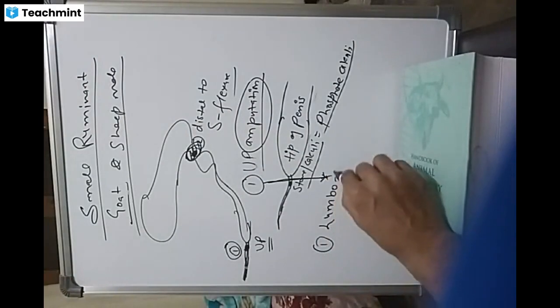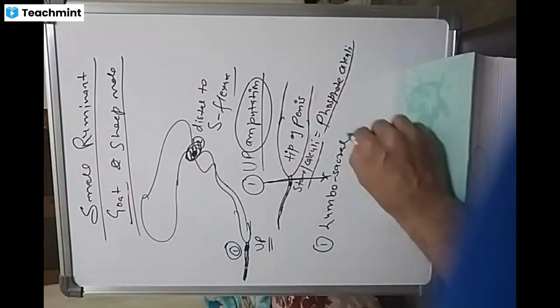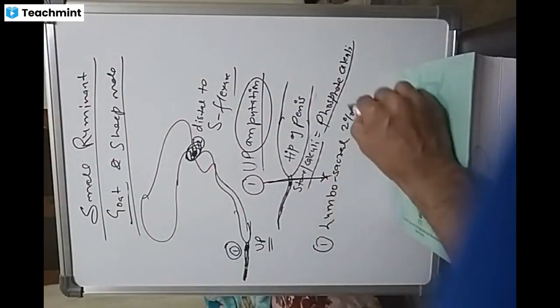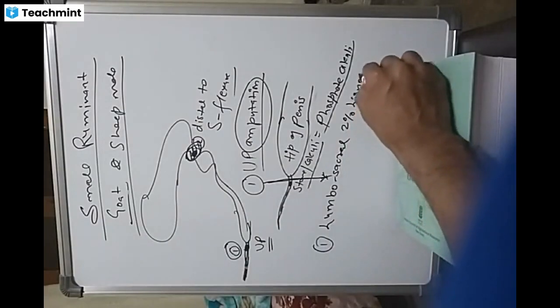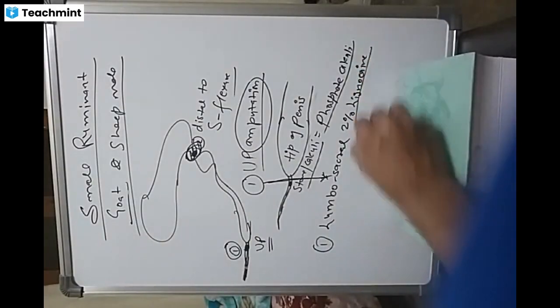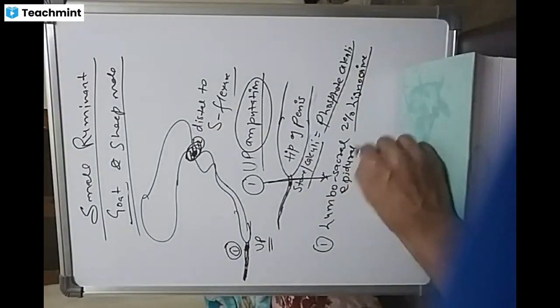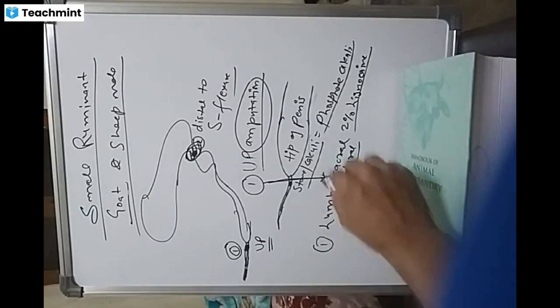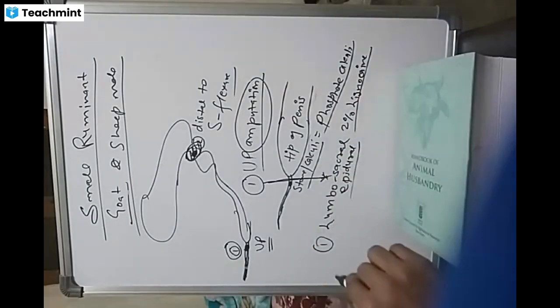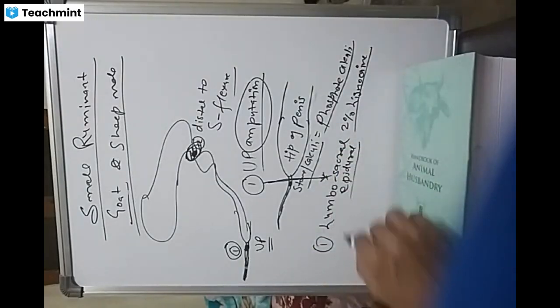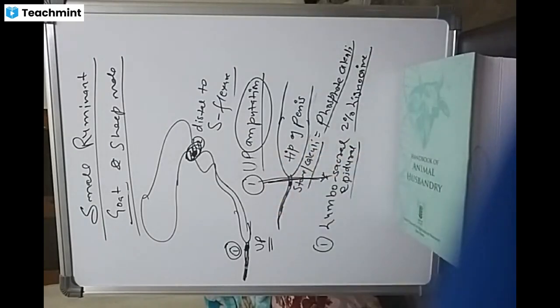To cut the urethral process, what is important? Anesthesia. So remember, at the lumbosacral site 2% lignocaine is used, so lumbosacral epidural anesthesia is used, and we cut this urethral process.